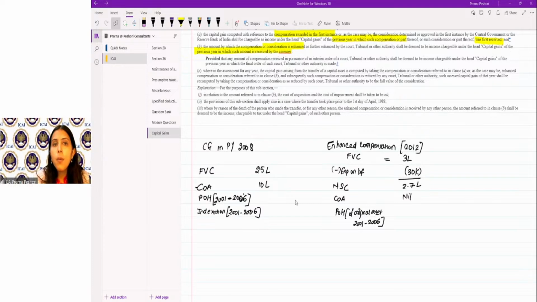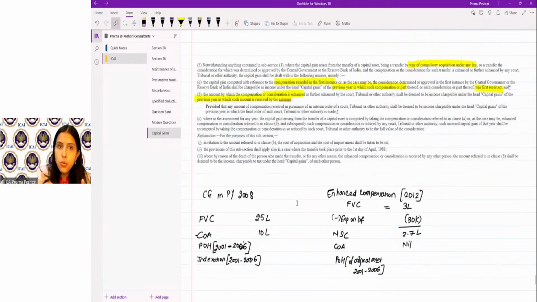if the compensation is reduced, where the capital gain arising from the transfer of capital asset is computed already by taking the compensation or the enhanced compensation, and subsequently such compensation is reduced by any court, then the assessed capital gain shall be recomputed by taking the compensation so reduced by the court.